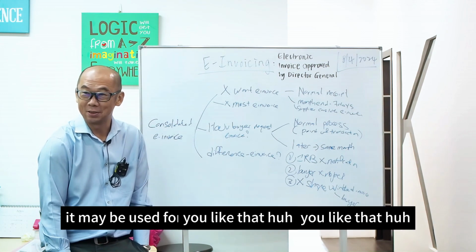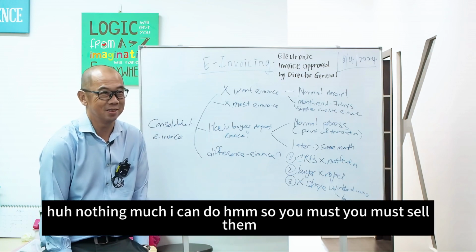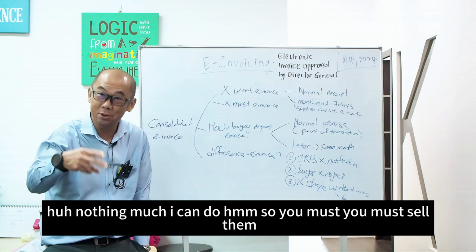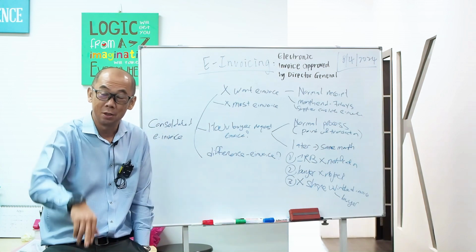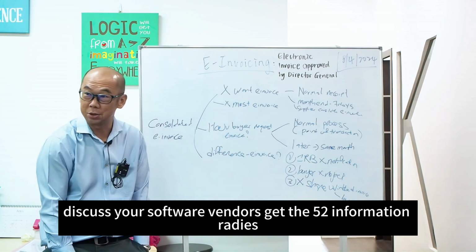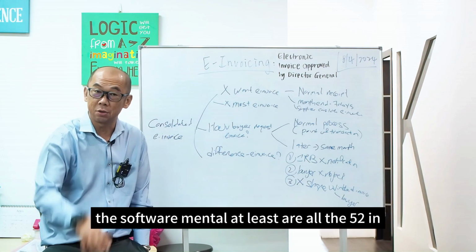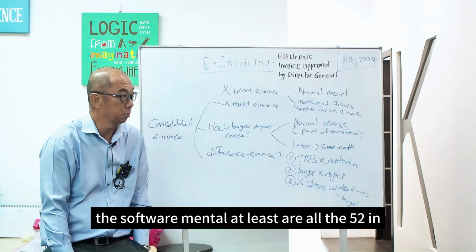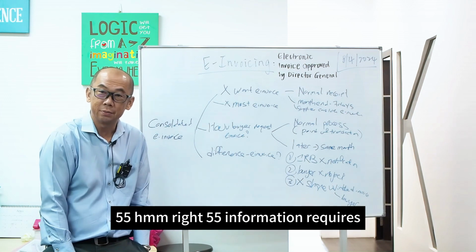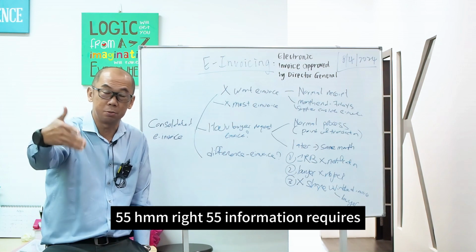Malaysia, nothing much I can do. So you must tell them to upgrade their software, discuss with software vendors, and get the information ready. The software vendor will list out all the 55 information fields required.